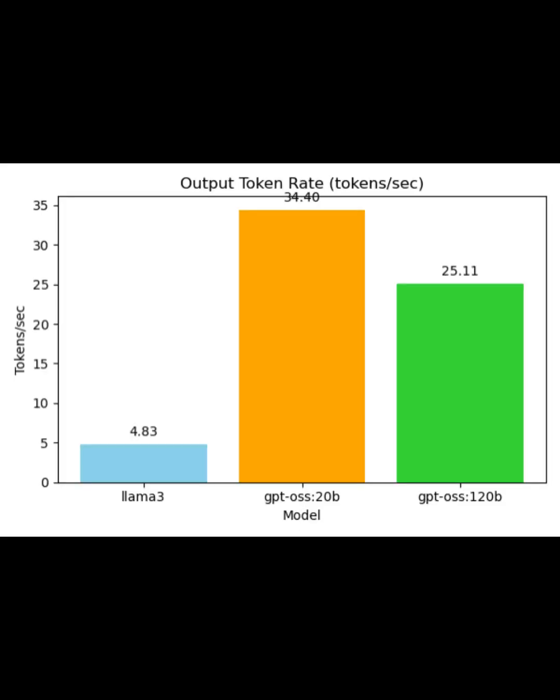So 3 LLMs walk into a bar. One of them is the Llama 3.3 70 billion parameter LLM. The other one is the GPT-oss 20 billion parameter model, and the other one is the GPT-oss 120 billion parameter model. They are not performing the same.